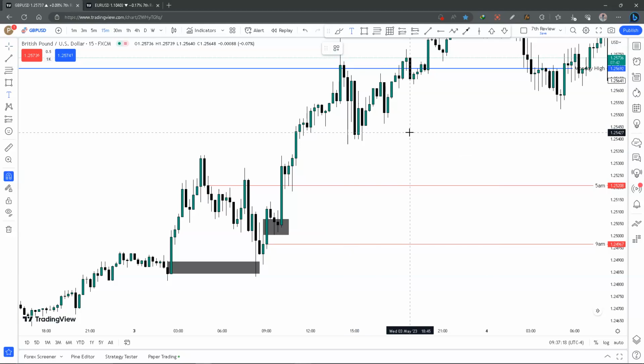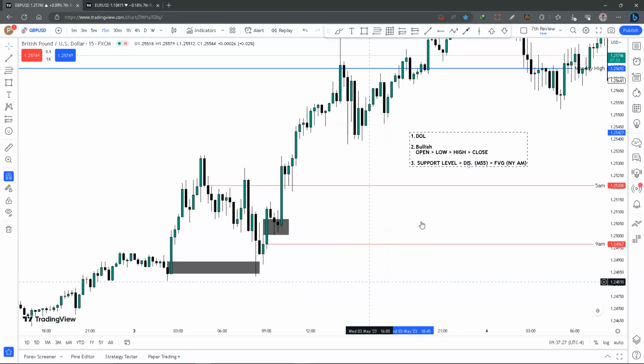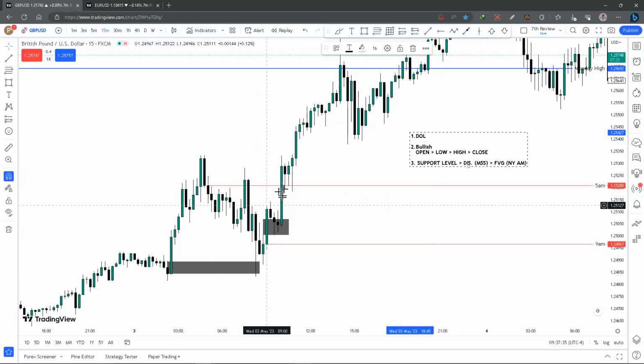So right here, let me just put out the rules. As you can see, I'm not skipping anything. Support level, we have it here, and then displacement higher, we had it right there. So once we displace above this, let me just mark out the displacement.